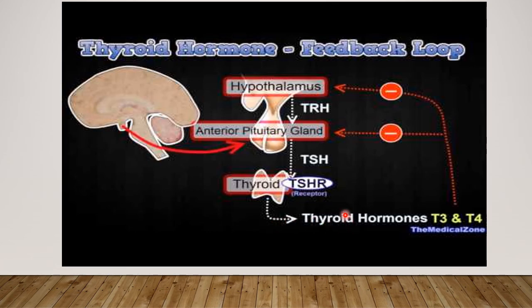This, in turn, T3 and T4, have a negative feedback mechanism on the pituitary as well as the hypothalamus, thereby reducing the release of TRH and TSH. This negative feedback mechanism helps to keep the various hormones TRH, TSH, and T3 and T4 in equilibrium and balance.